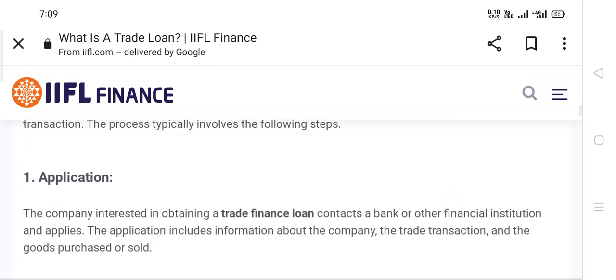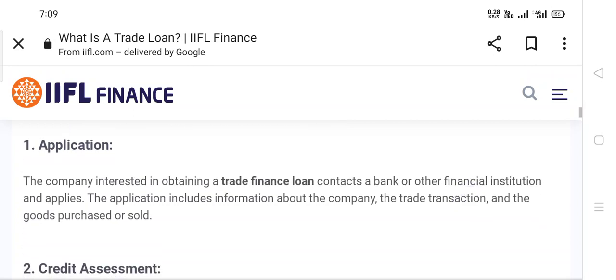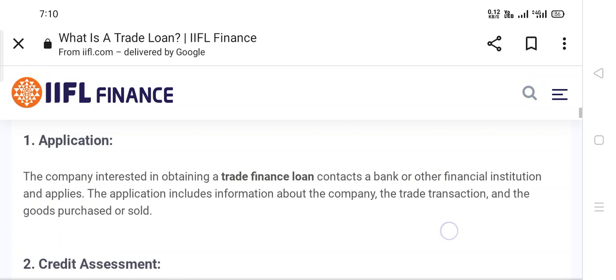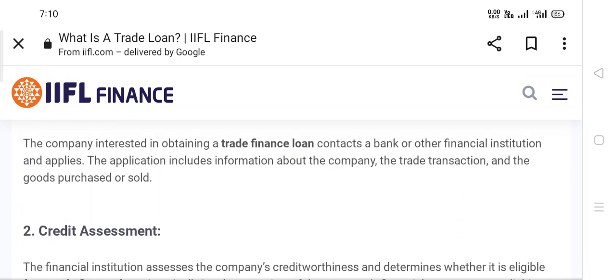The company interested in obtaining a trade finance loan contacts a bank or other financial institution and applies. The application includes information about the company, the trade transaction, and the goods purchased or sold. Credit assessment.